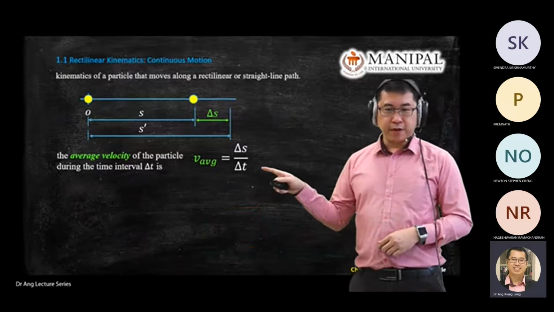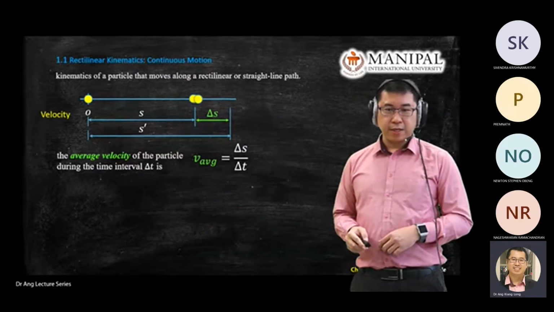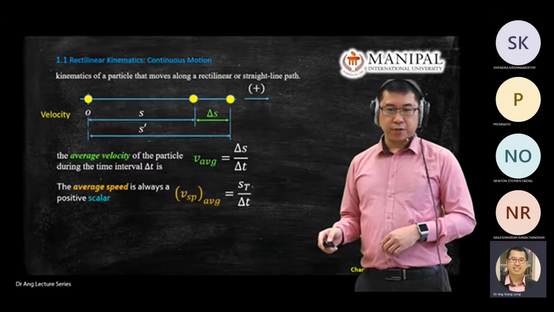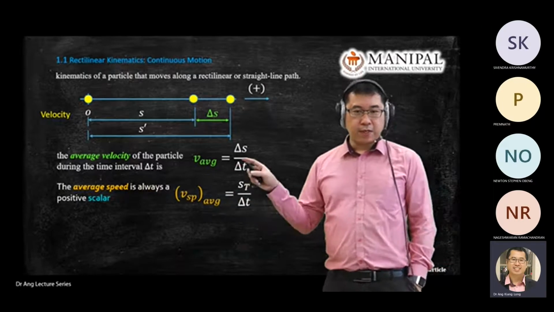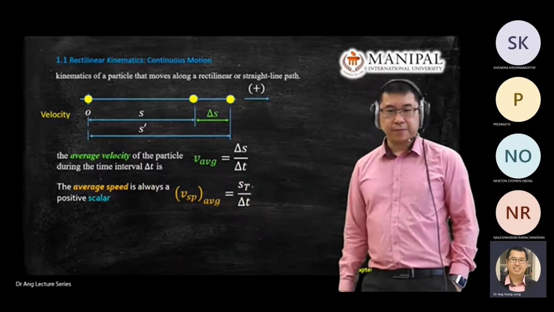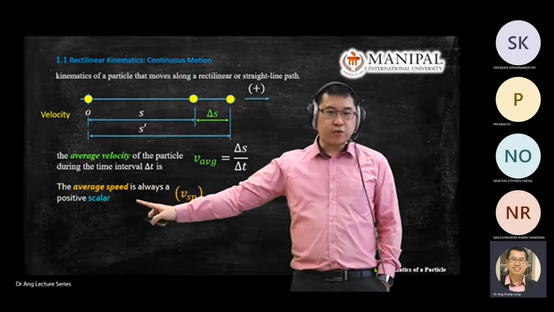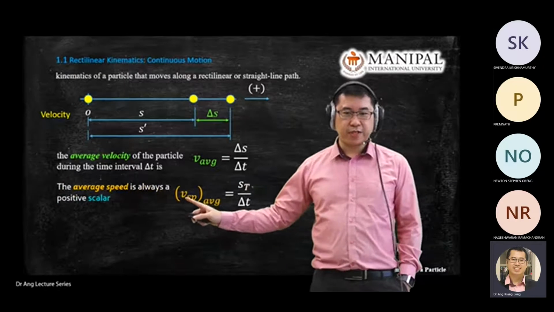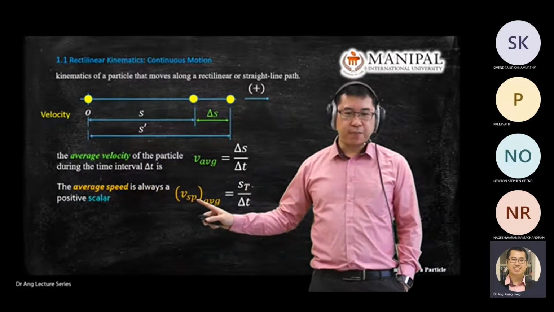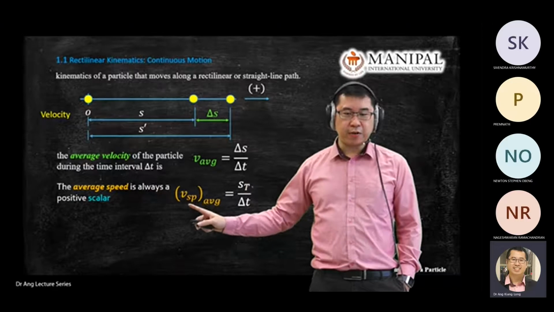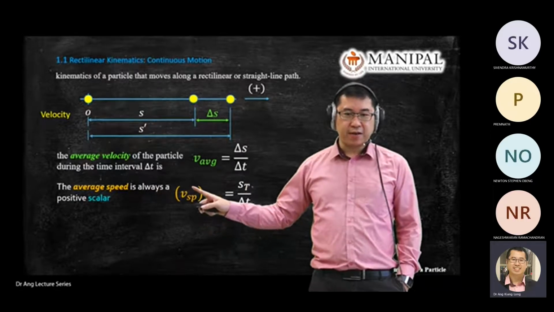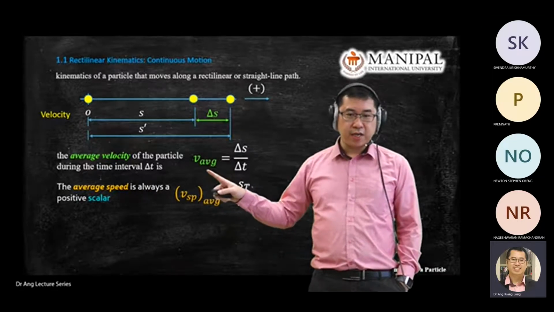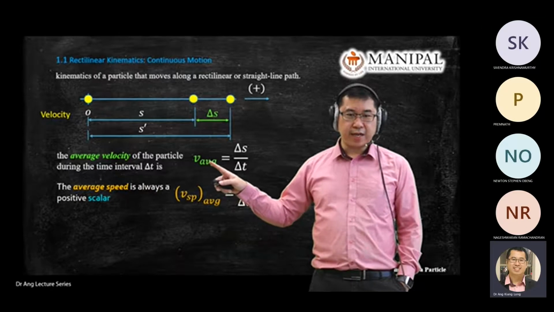So we deal with average velocity. Just now we learned about average velocity. What if the question asks you to solve average speed? How do you find average speed? We will use the symbol V sub SP to represent speed, to differentiate velocity and speed. So for velocity we use V, or sometimes you don't write average.